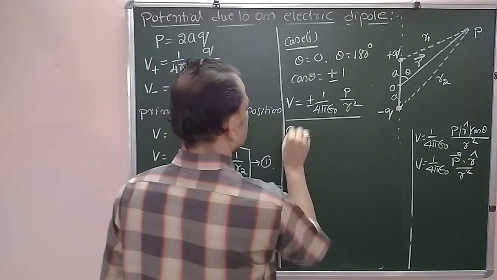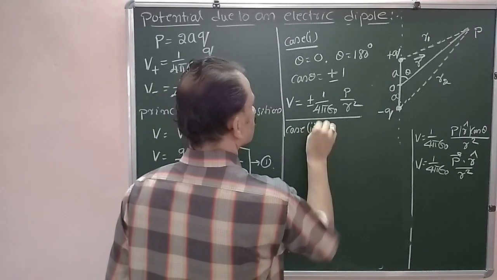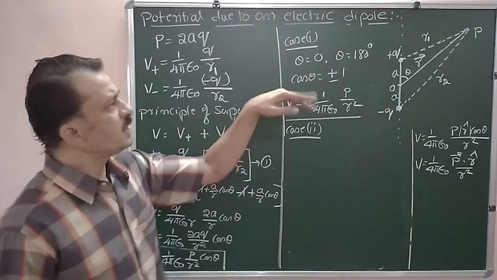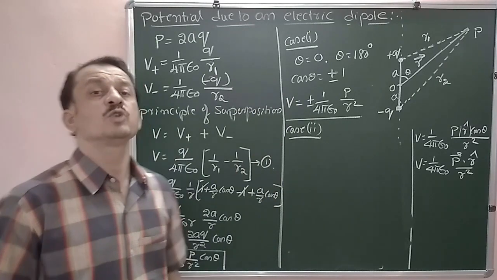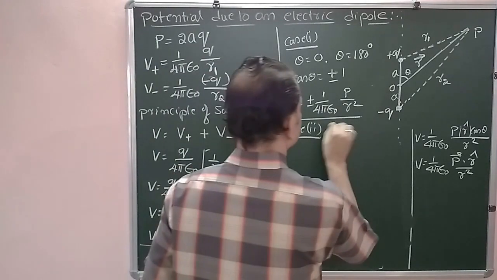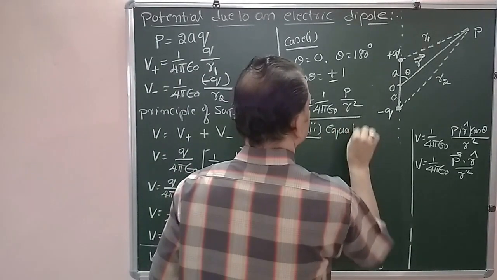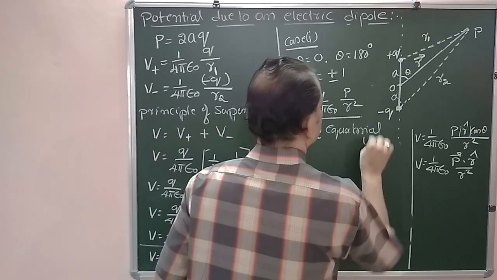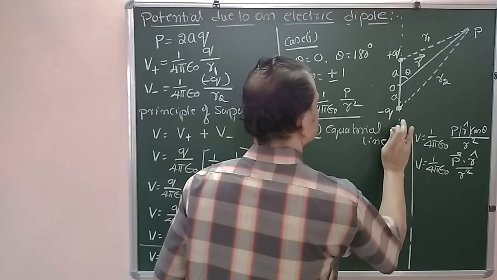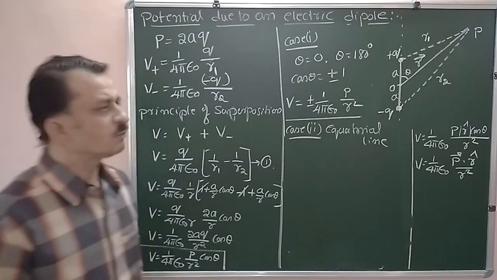Now case 2. If the point is along the equatorial line, what will be the expression?